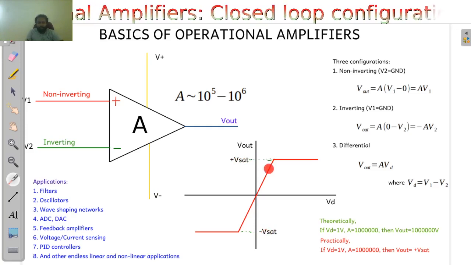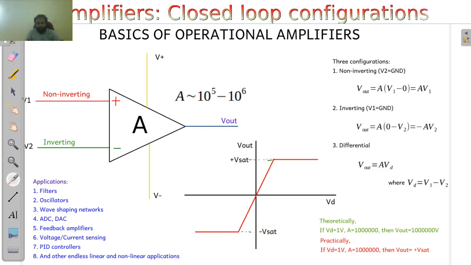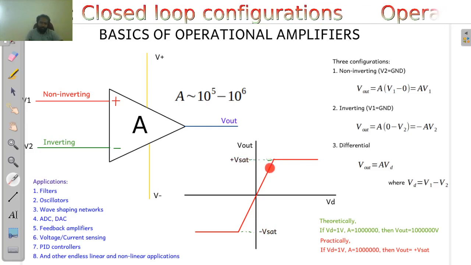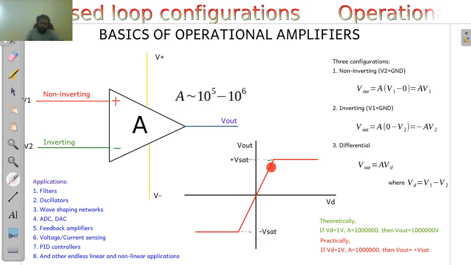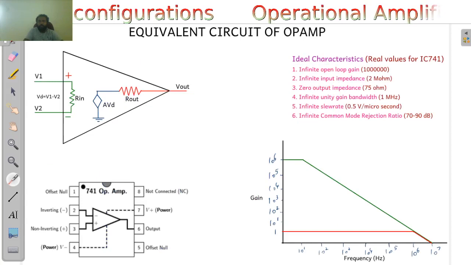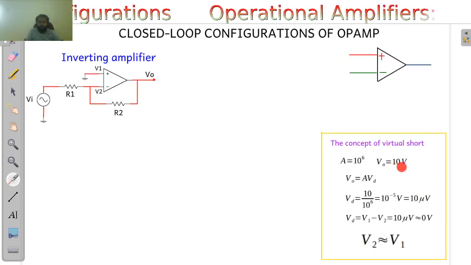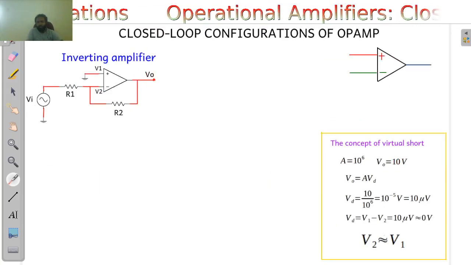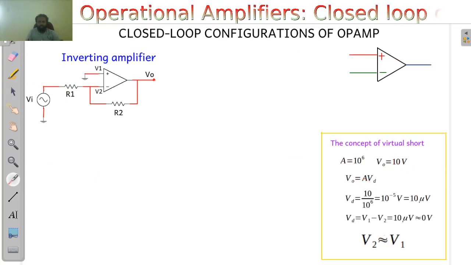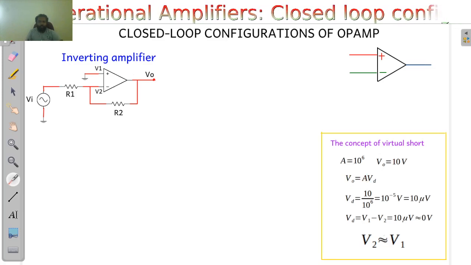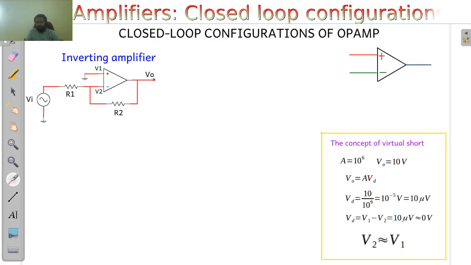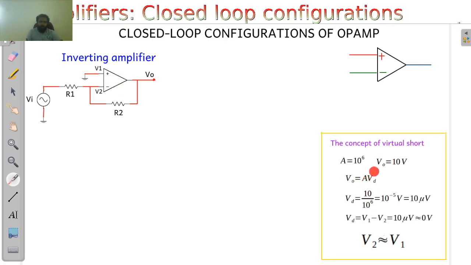So you can imagine, say, a voltage like 10 volts, which is much lower than the saturation voltage. So that is your 10 volt. Suppose your output happens to be 10 volts, then as per the equation for the gain, output voltage is the product of the open loop gain of the amplifier and the differential voltage Vd.